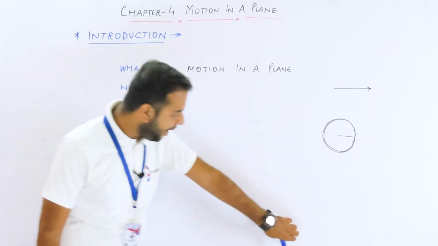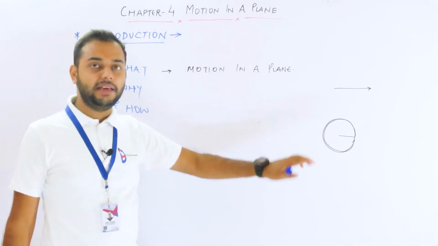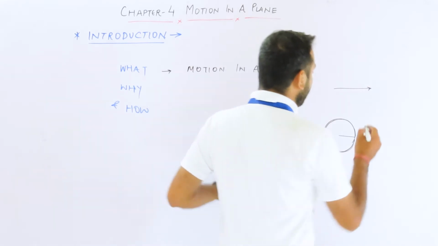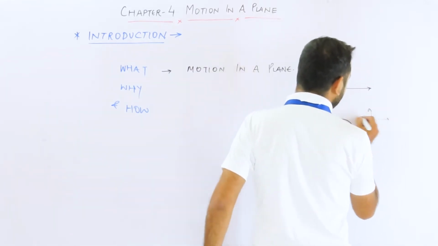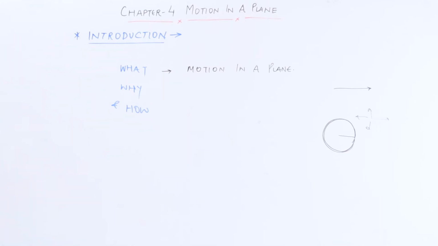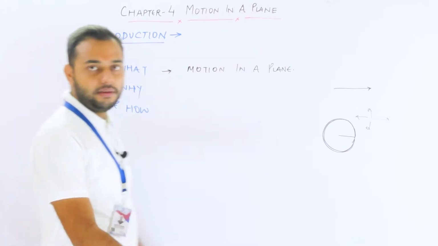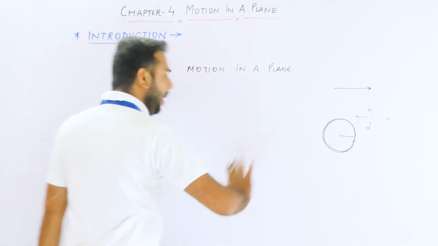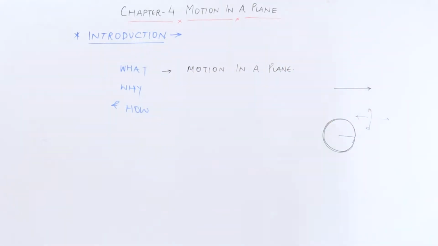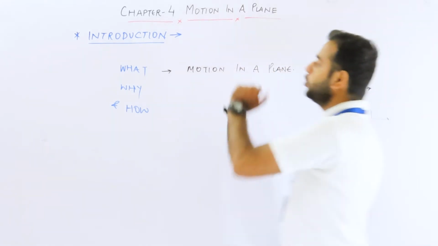The particle is moving in this plane, here and there. It does not have a single direction, going either in this direction or that direction. No, the particle is allowed to move anywhere in this plane. This is my plane.